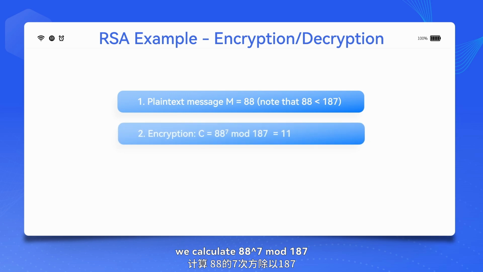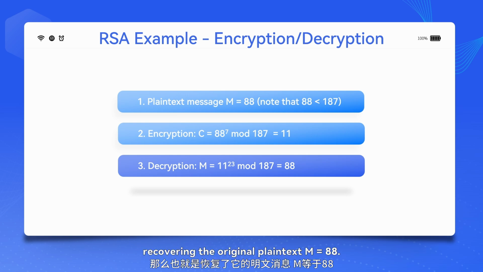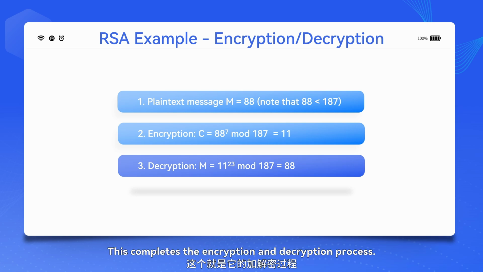To encrypt, we calculate 88 to the power of 7 modulo 187, where 88 represents the plaintext message and 7 is the public key, which results in a ciphertext of 11. To decrypt, we compute 11 to the power of 23 modulo 187, which results in 88, recovering the original plaintext M equals 88. This completes the encryption and decryption process.